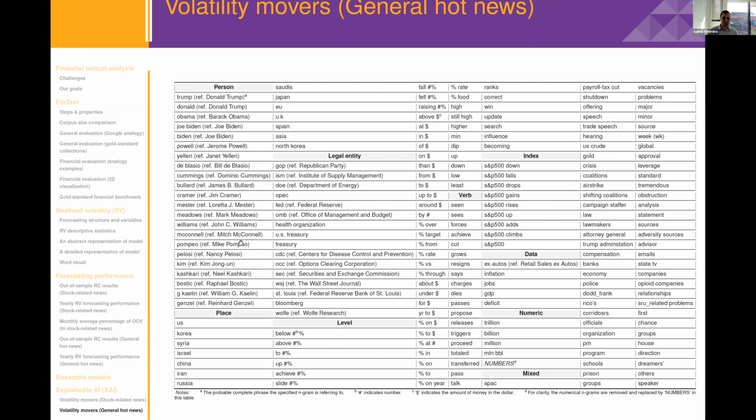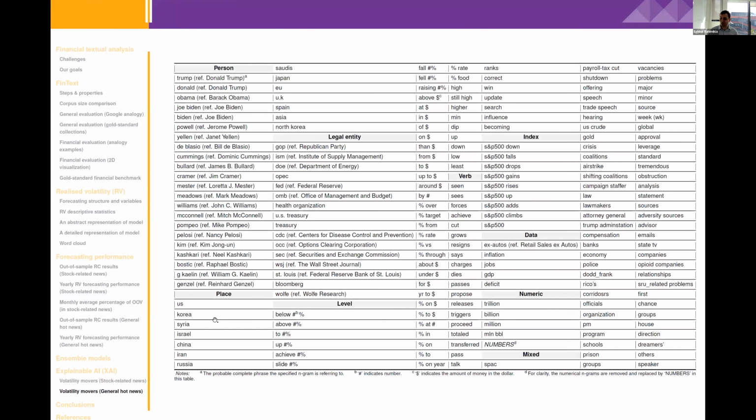And also we have some places like US, Korea, Syria, China, Iran, Russia. Legal entities like ISM, DOE, OPEC, OMB, Health Organization. You see, we don't have something like COVID in our structure, among the most repeated important volatility mover terminologies or structures.